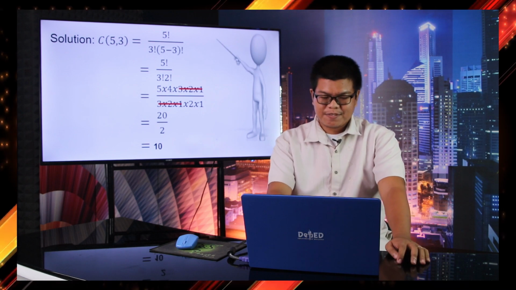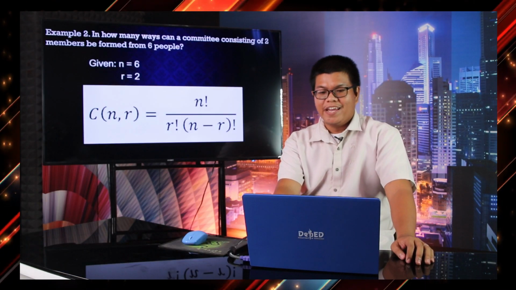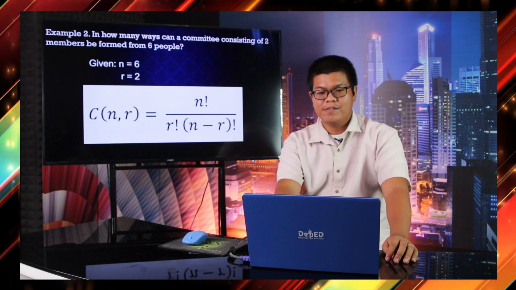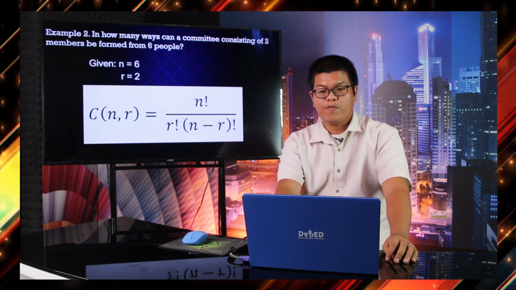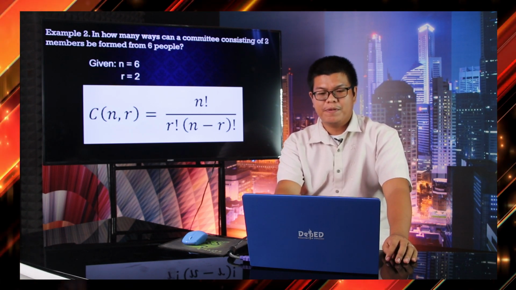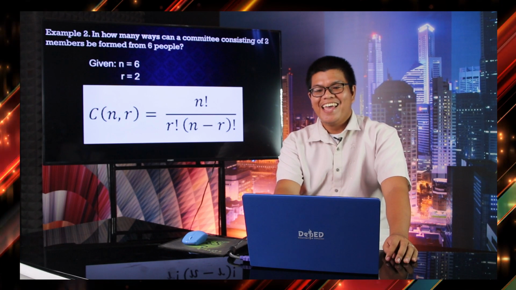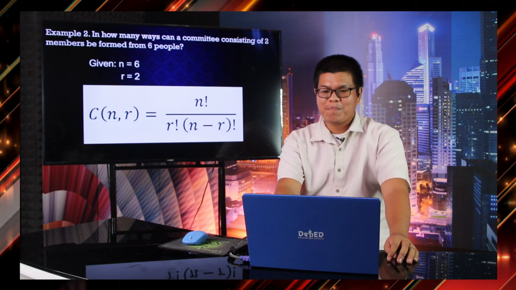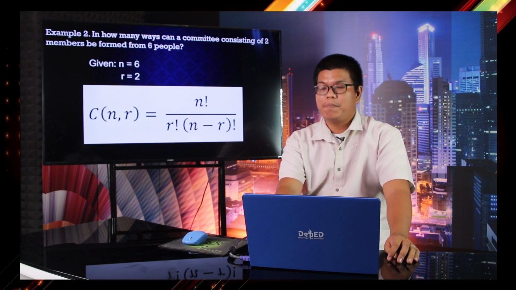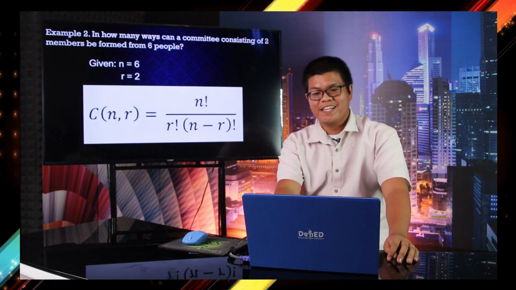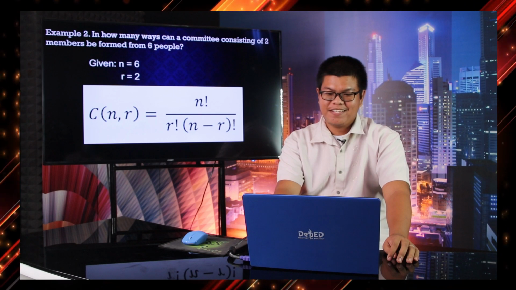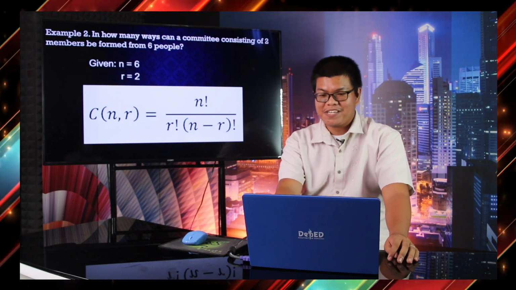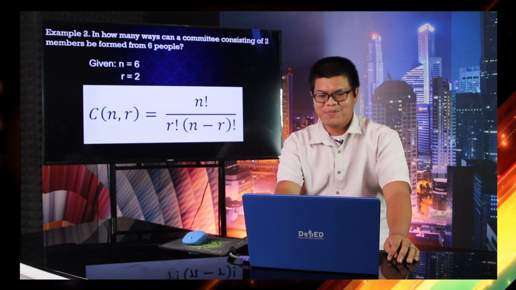That's right. Example 2. In how many ways can a committee consisting of 2 members be formed from 6 people? First, identify the given. n is equal to 6 and r is equal to 2.